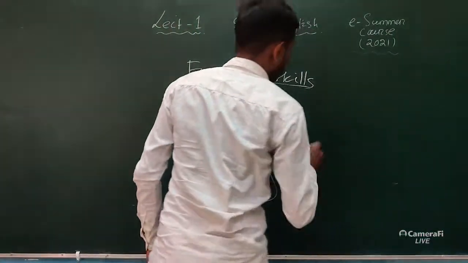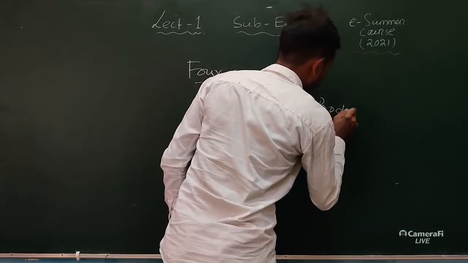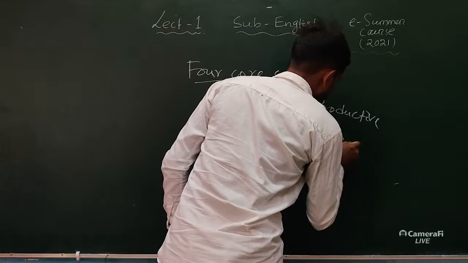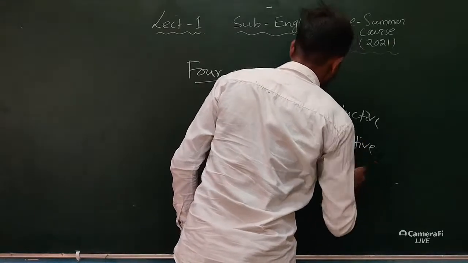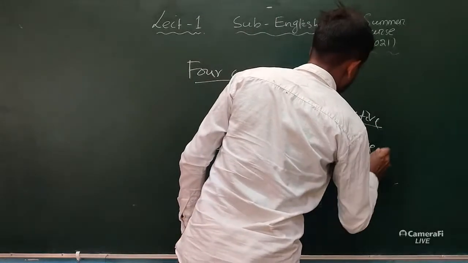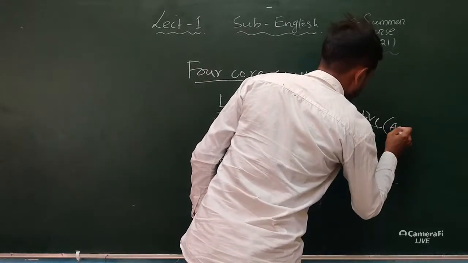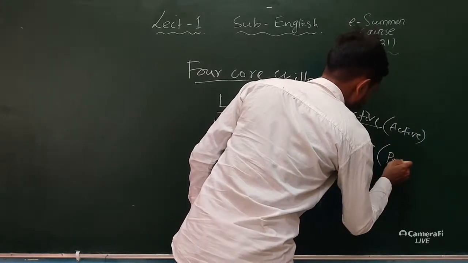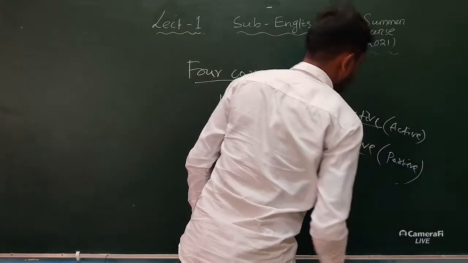One is productive, and another one is receptive. Productive is called active, and receptive is your passive.